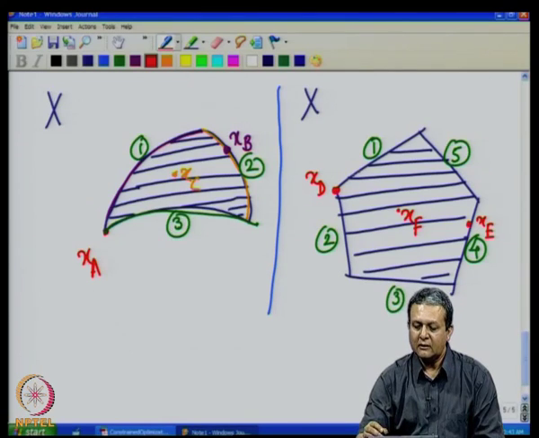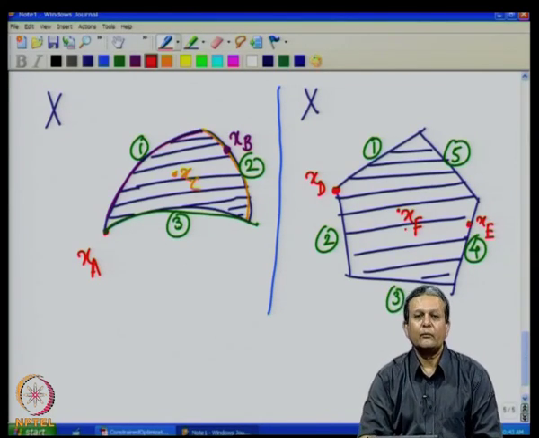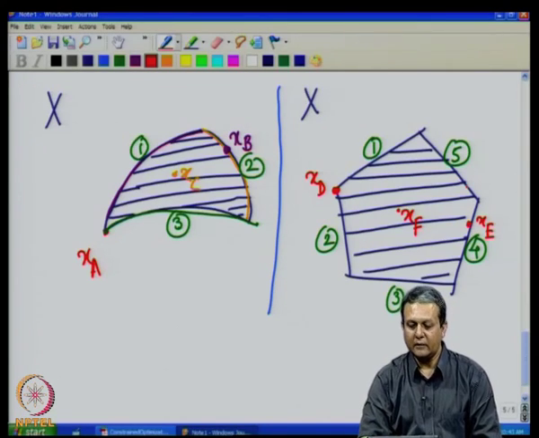At x d, the constraints 1 and 2 are satisfied with equality, and all the other constraints are inactive, the constraints 3, 4 and 5, because they are not satisfied with equality. And similarly, at x f, none of the constraints is active, as the point x f satisfies these constraints with strict inequality.